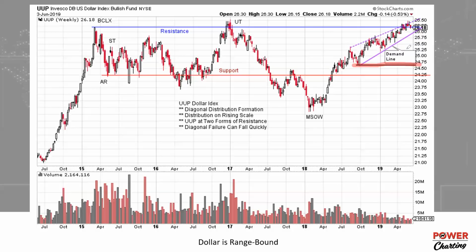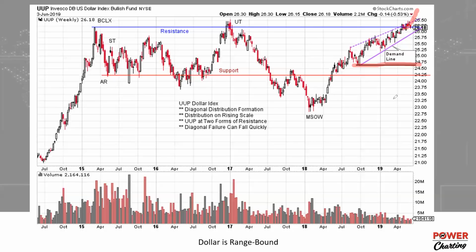This is something that we see often. Now, there's many cases where we have constricting triangles like this, or diagonal waves, which resolve themselves up and out into a new uptrend, and that certainly is possible here.